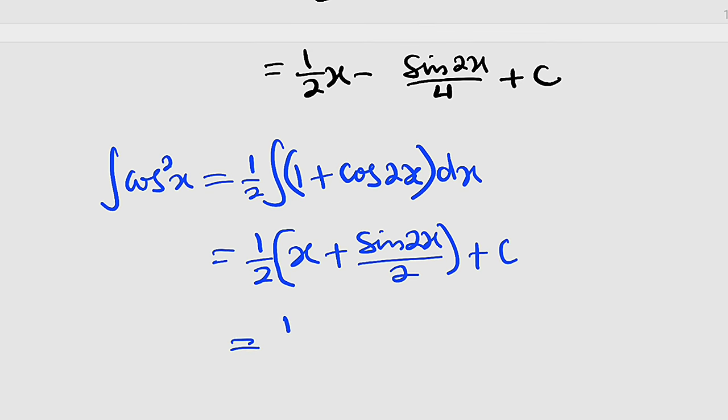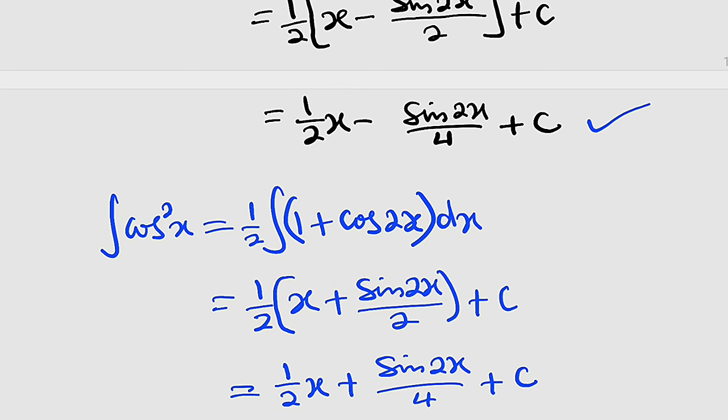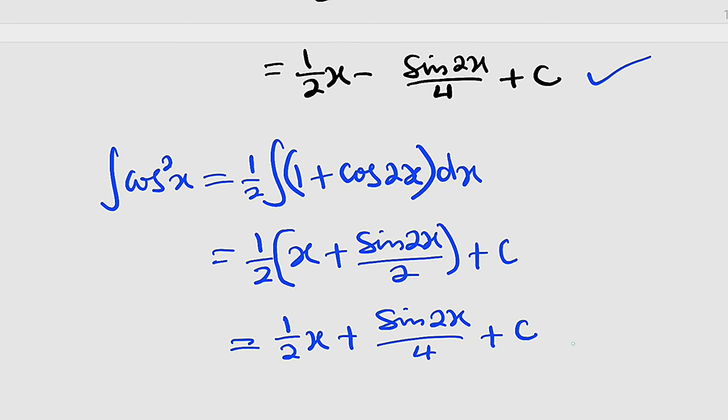This is equal to 1 divided by 2x plus sine of 2x divided by 4 plus the constant of integration. And these are the two antiderivatives. This is for sin²x and this is for cosine²x. The only difference is that we have minus here and we have plus here.